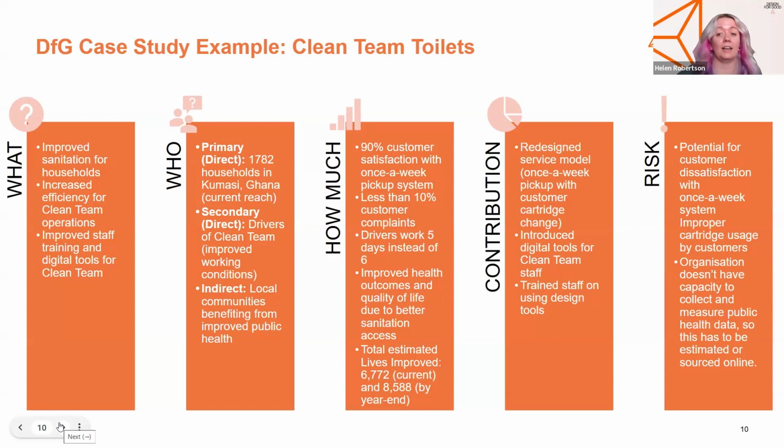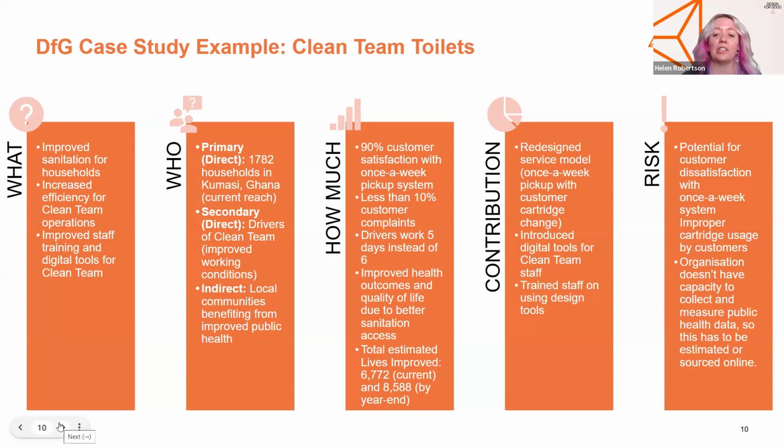The who: primarily impacted were the 1,700 households in Kumasi, Ghana, who now have access to a portable toilet. Also impacted were the Clean Team drivers, who benefited from improved working conditions and the extra day off. And indirectly, local communities benefit, seeing improved public health due to better sanitation.